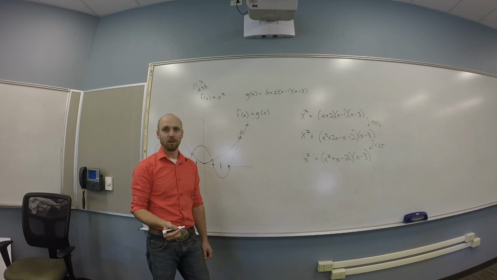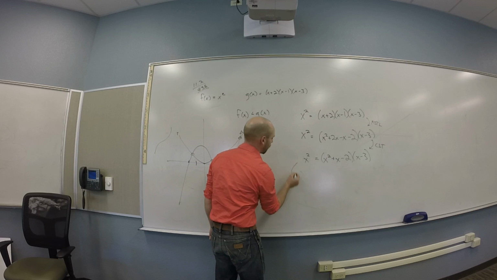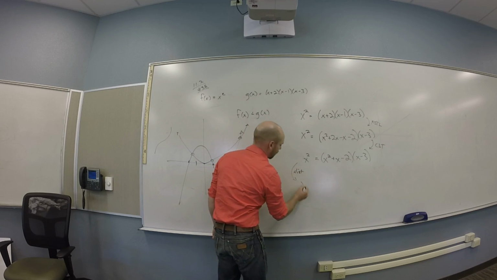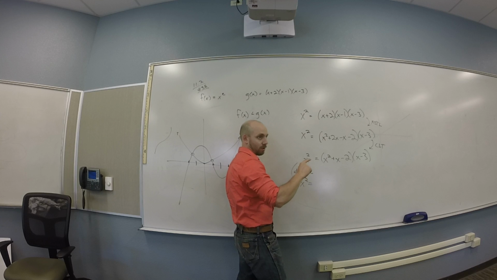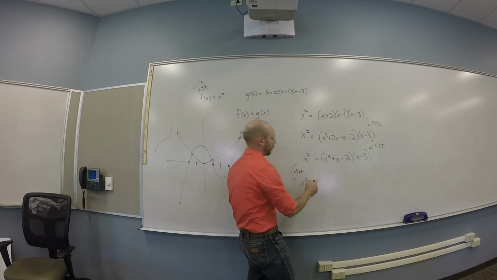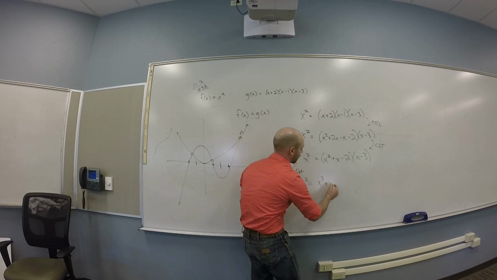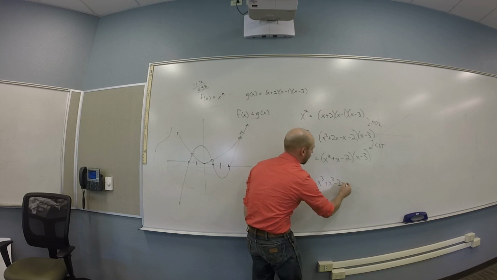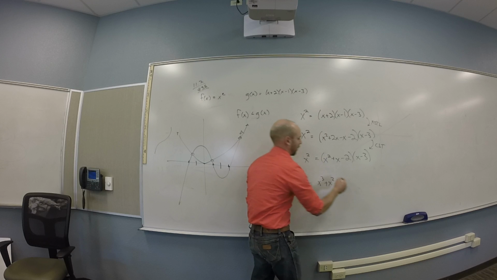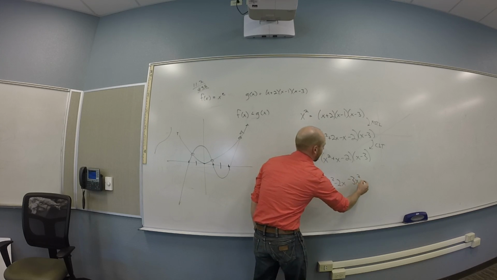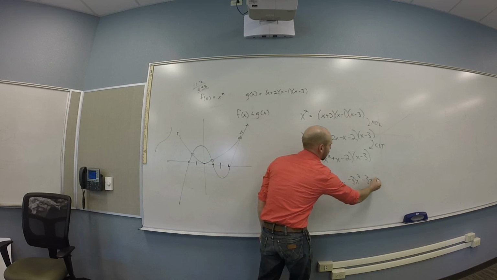And then I need to distribute. Don't worry, this isn't actually a good idea. I just want to show you guys how it would go. So if I distribute, I'll get x cubed plus x squared minus 2x. And then minus 3x squared, minus 3x, plus 6.